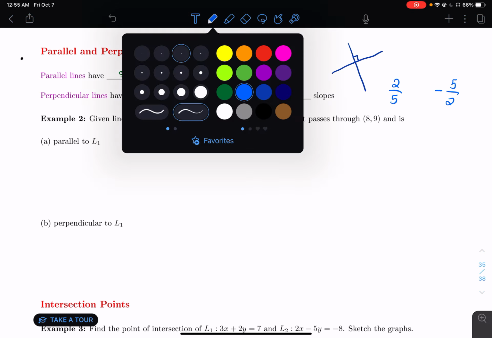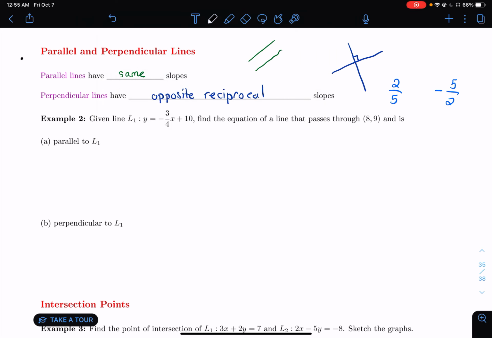So this example says, given the line L1, so this is its equation, find the equation of a line that passes through the point 8, 9. And in part A, I want it to be parallel to the line L1. I'm trying to find the equation of this new line.